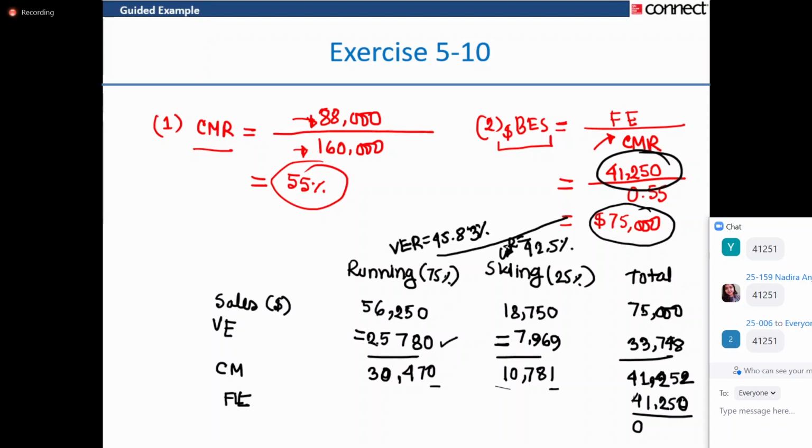When you write that the variable expense ratio is this percentage, round to at least two digits after the decimal. But when you apply the calculation, apply the number which you are getting from your calculator.